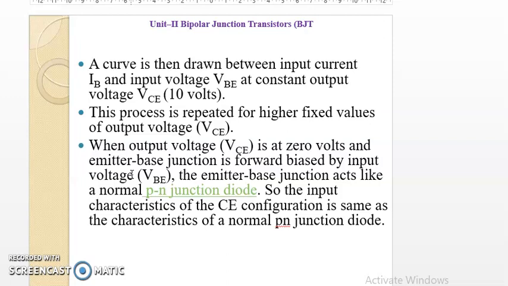So the input characteristics of CE configuration is the same as the characteristics of a normal PN junction diode. I mean, the characteristics of a PN junction diode and the input characteristics of CE configuration are one and the same.